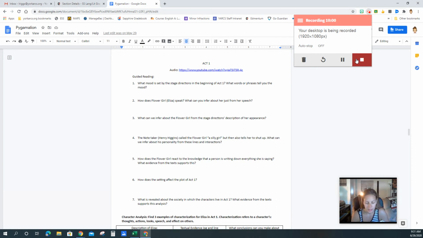There's a huge section of stage direction. You can also look at this part about Freddie at the very beginning, on my page 11. But it'll give you some stage direction. Again, stage directions are set apart by italics.